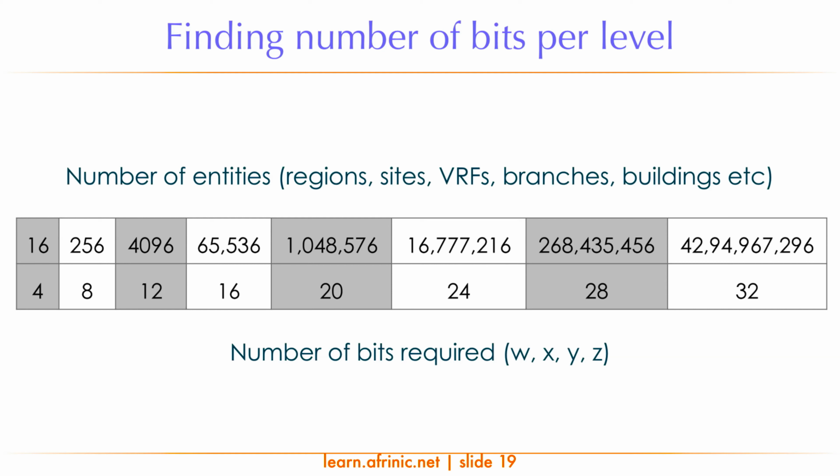So for example, if my ISP is located in 5 regions right now, and we'd like to have presence in 10 regions, maybe in 10 years' time. Tell me in the chat section, how many bits do we need to satisfy that?